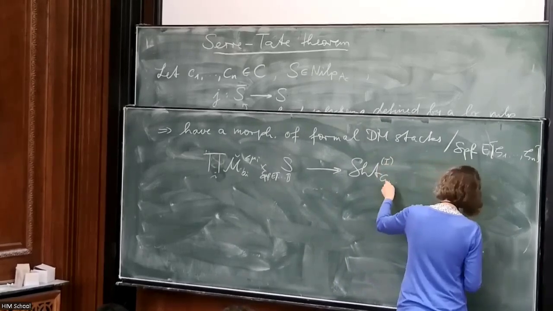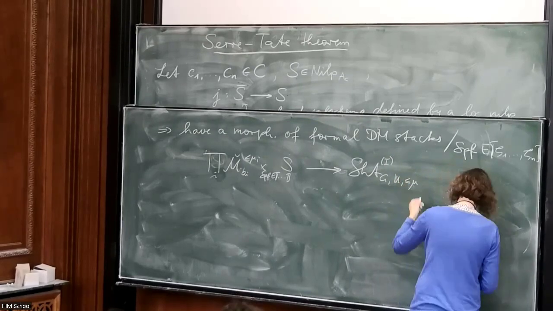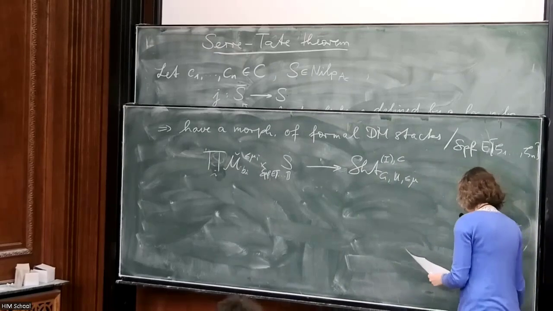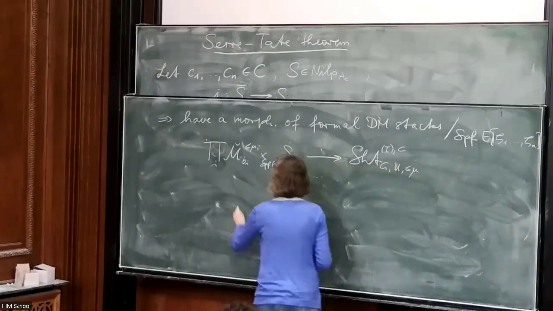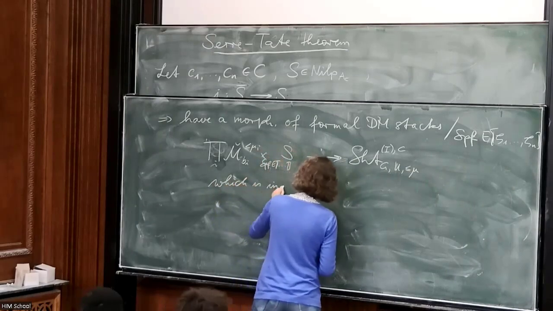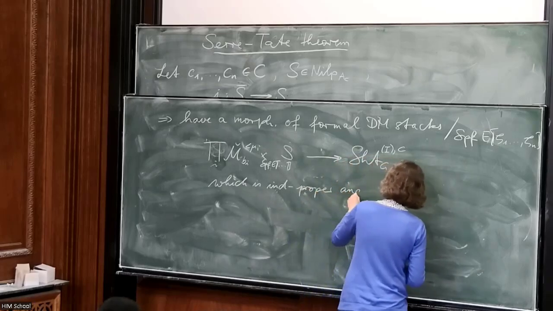I had here U and less or equal to mu and C. And this morphism is improper and formally étale.